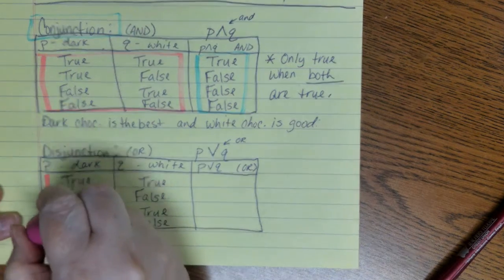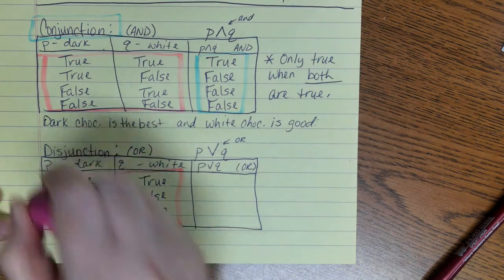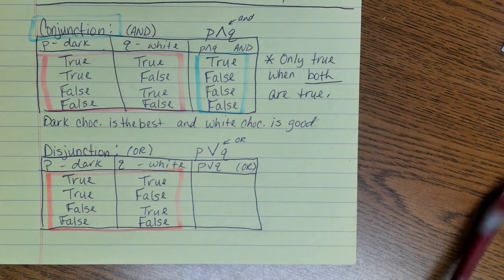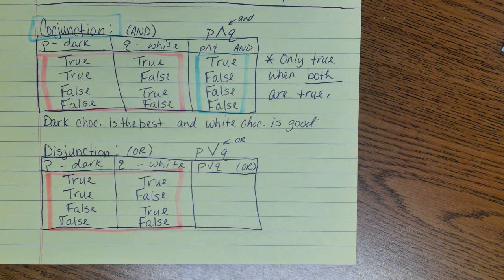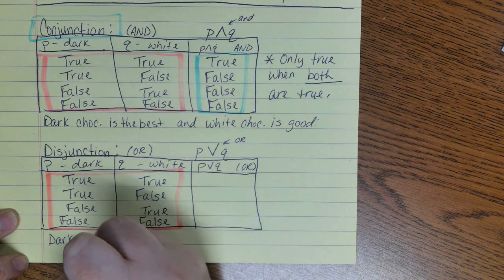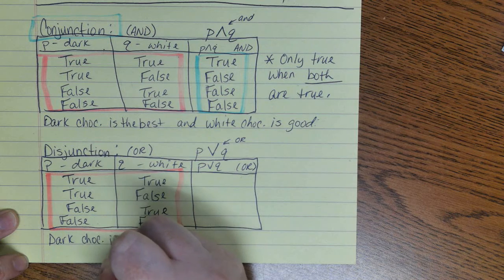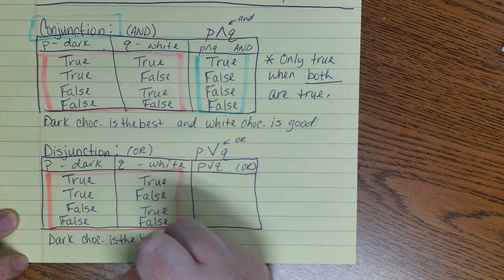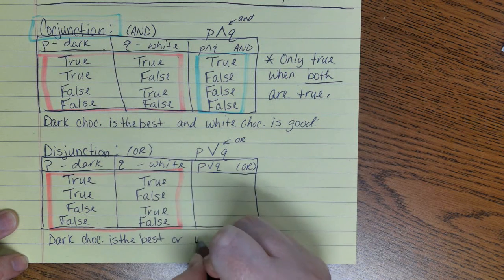Because this matches every other one. So help me write our sentence with the word or, our disjunction. Dark chocolate is the best, or white chocolate is good.